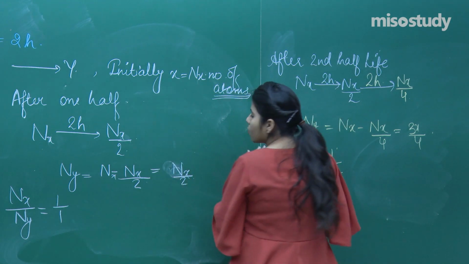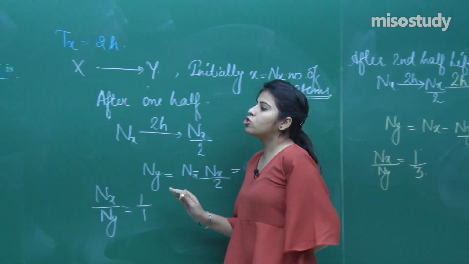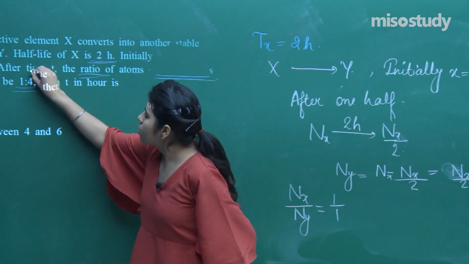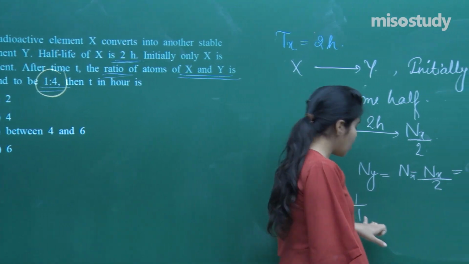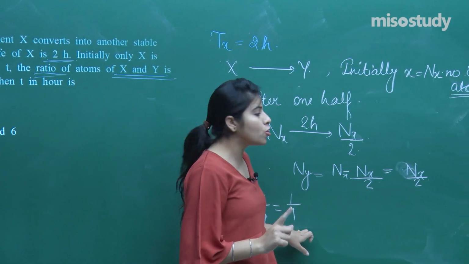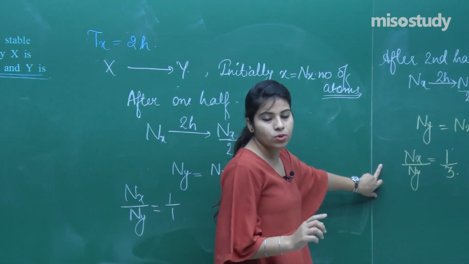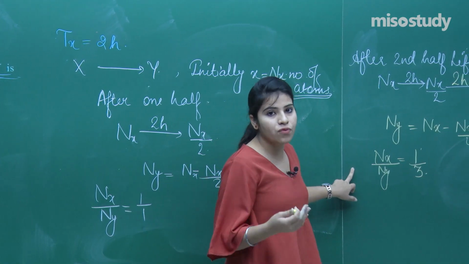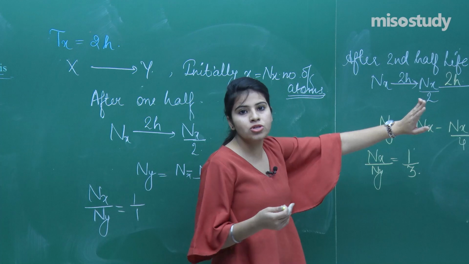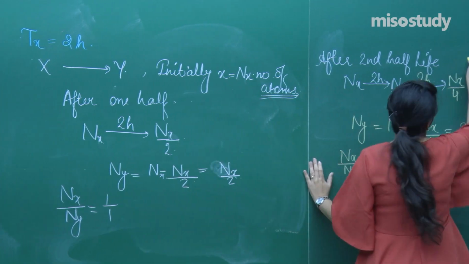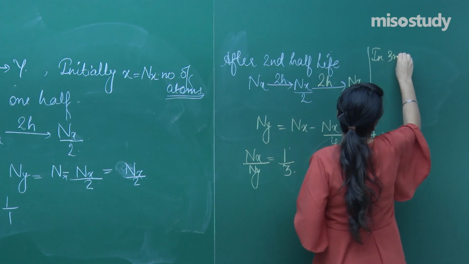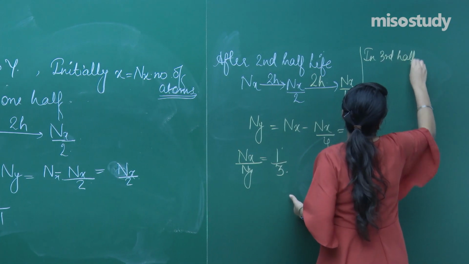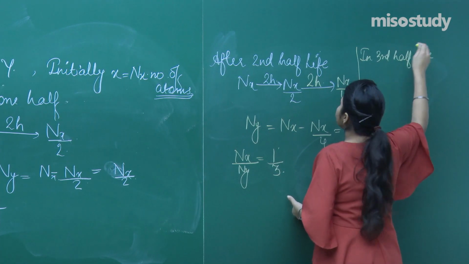So now in the question, I can see the ratio has been given as 1:4. Now you have 1:1 as your ratio, then 1:3 as your ratio. To get the 1:4 ratio, I will proceed towards the next half-life. So in the third half-life, what will happen?